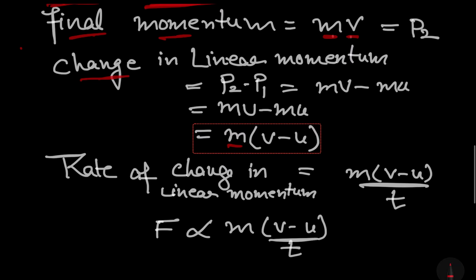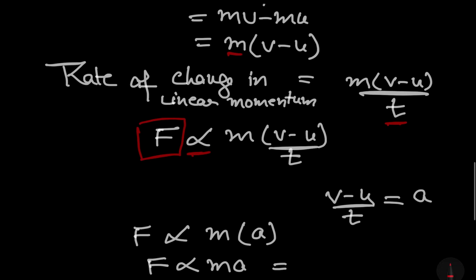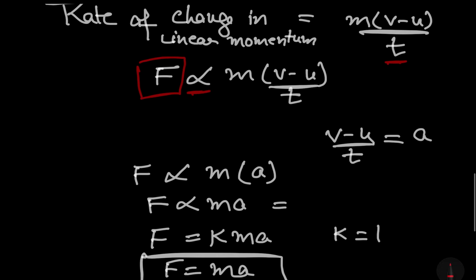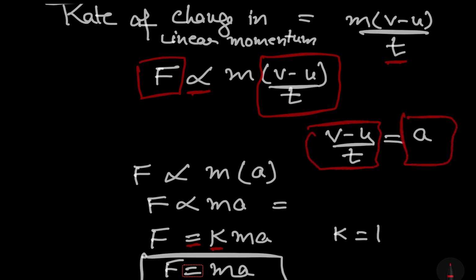Now according to Newton's second law of motion, rate of change in linear momentum is what? Rate means we will divide it by which term? T. Now it is directly proportional to which thing? Force. So whenever we need to remove this proportionality sign, with the equal to sign, we will write a constant K. One more thing, this v minus u upon t is nothing but a rate of change of velocity, which is equal to acceleration.